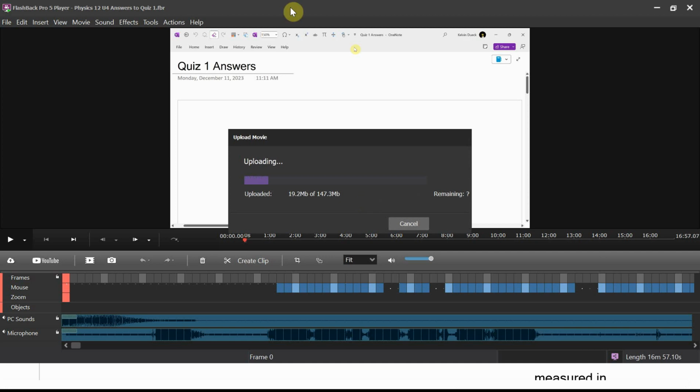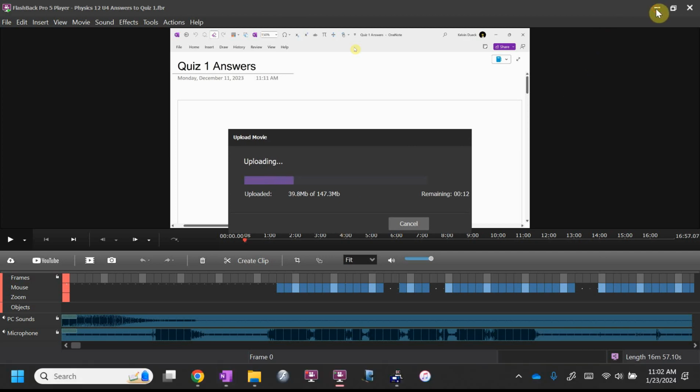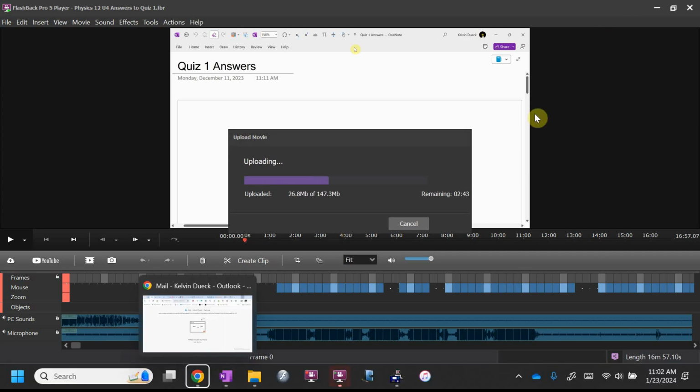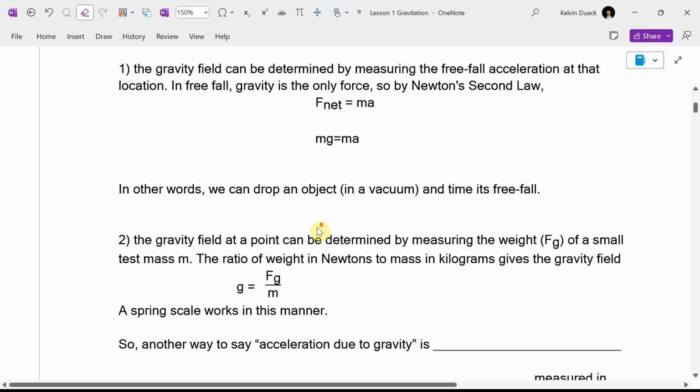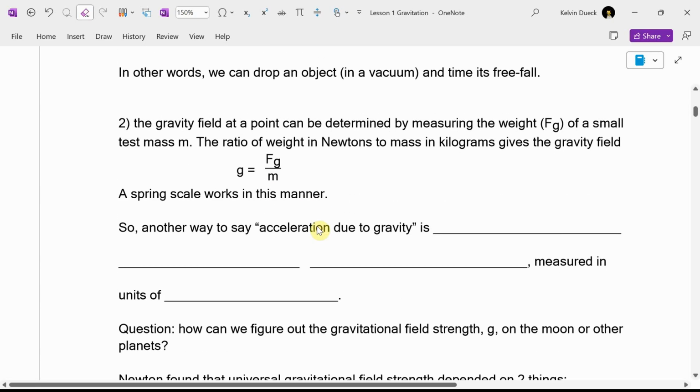This was the question that Isaac Newton asked himself. First of all, Caden, another way to say acceleration due to gravity is, what three words did I underline at the top of the page?